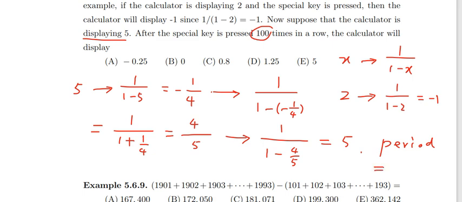From here to here is 1 push, then another push is 2. So the period is 2. Push 2 times and it becomes the same number, 5 becomes 5. So pushing 100 times, it becomes the same number 5, right? So it repeats.